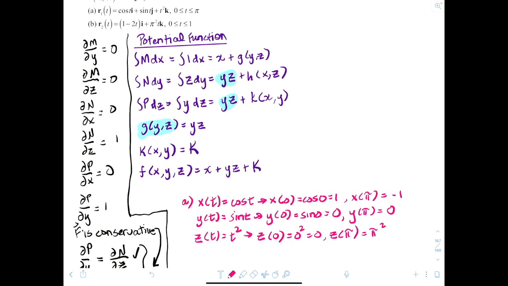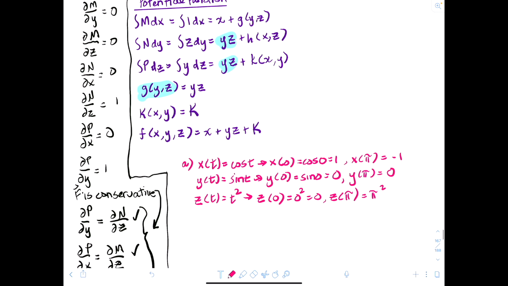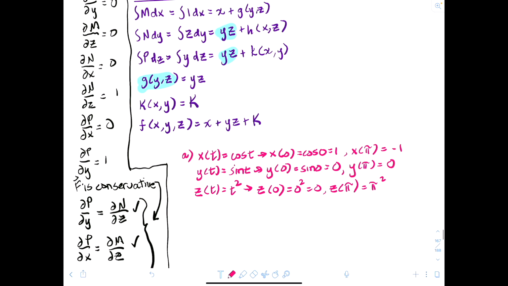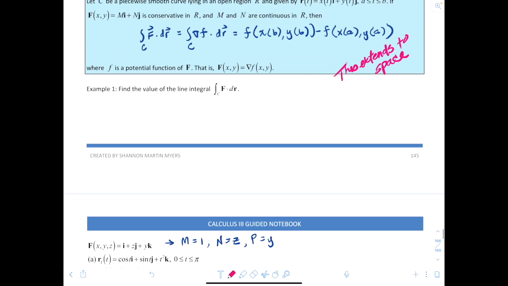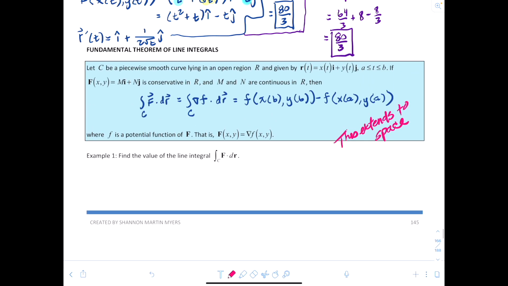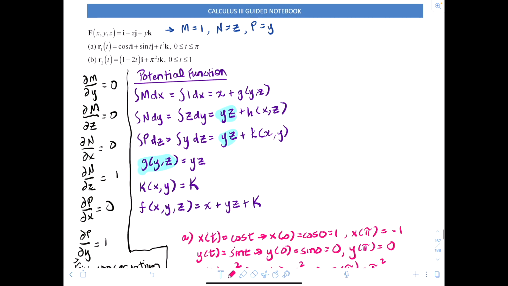Cool? So since this meets all the requirements, do you see m, n, and p? They're all continuous in the real numbers, which was one of the requirements, and then we had to have a conservative vector field, and then we had to find the potential function.